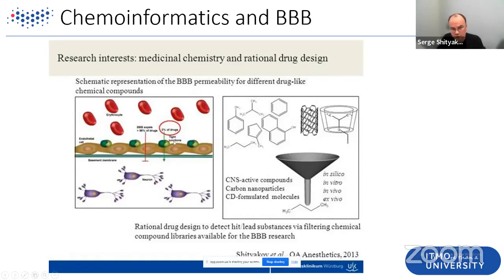When you inject the substance into the bloodstream, it will go through the bloodstream, and then there is a formidable task known as the blood-brain barrier, which will protect the brain from different substances, either internal or external, like xenobiotics. And this is the rough scheme. It will give you a hint why it's a real problem, because only 2% of drugs are able to permeate through the blood-brain barrier, and of course 19% are not permeating.